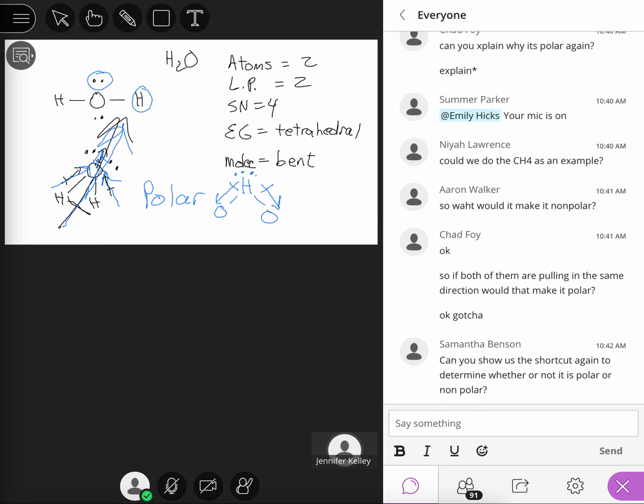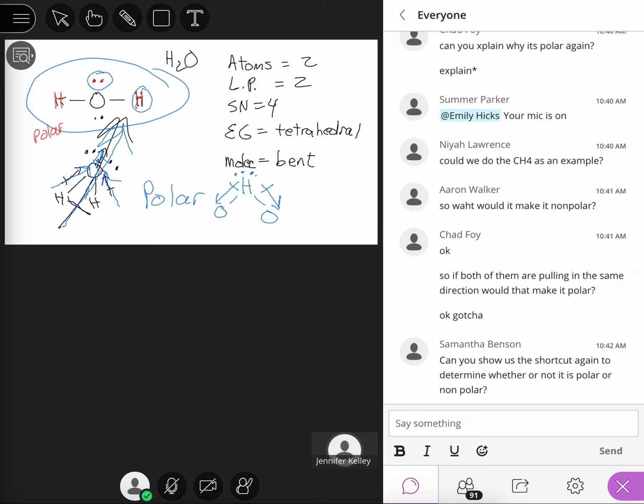The shortcut is you go around the Lewis dot structure, and so I'm going to say this is hydrogen, hydrogen. So far everything's the same. Lone pair, not same. So it's polar. So if everything all the way around it is the same, it's pretty much always non-polar. But if something's different, it's usually polar.